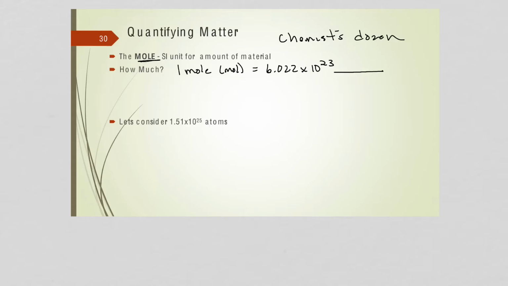Because it's a way that we can take a large amount of material and count it in groups as opposed to counting it individually. So, for example, if I had 144 donuts, and instead of counting them individually or talking about them individually, I wanted to say, well, how many dozen donuts do I have?